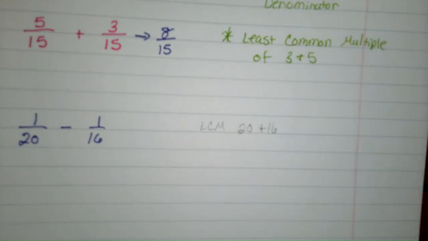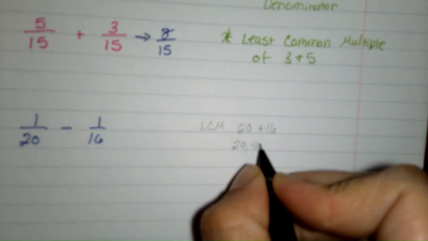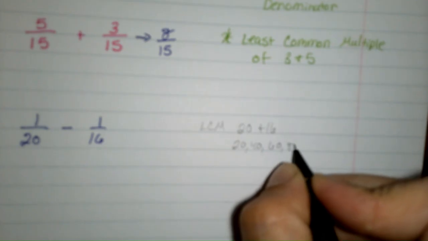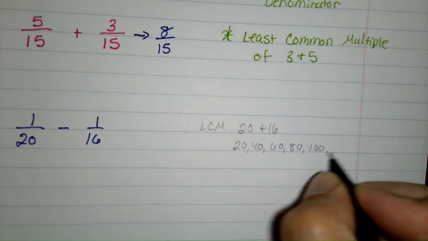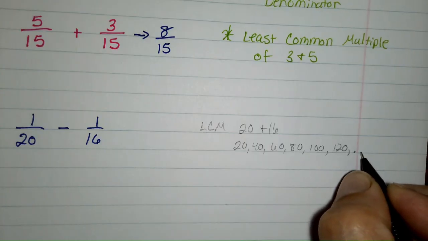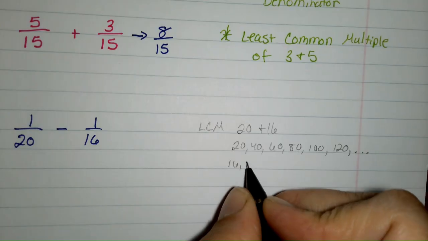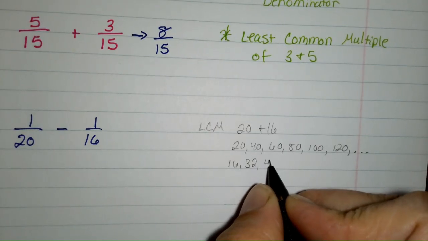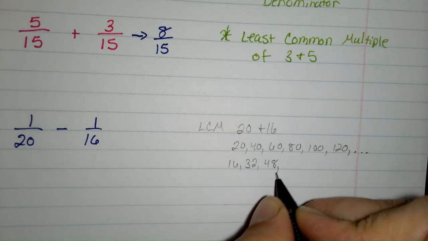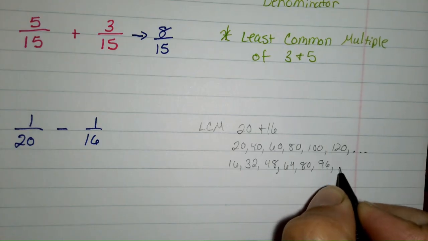Now, I understand many of you in elementary school might have done this. 20, 40, 60, 80, 100, 120, and so on. And 16, 32, 48, 64, 80, 96, and so on.